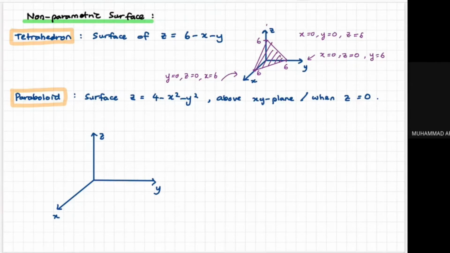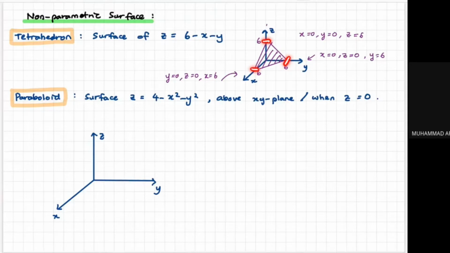Similarly, for the x and y axes, substitute y equal to 0, z equal to 0, and so on. If z equal to 0 and x equal to 0, you get y equal to 6. For the x-axis, substitute y equal to 0, z equal to 0, then you get x equal to 6. So 6, 6, 6 here.